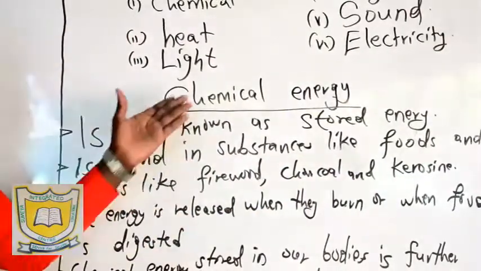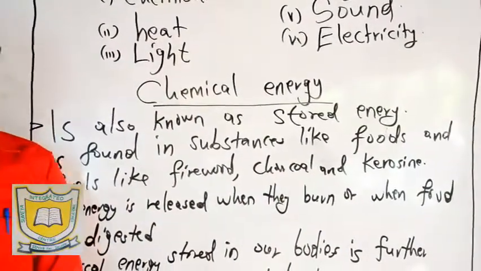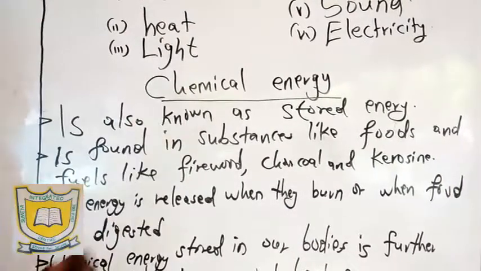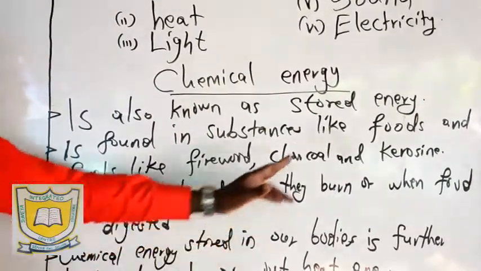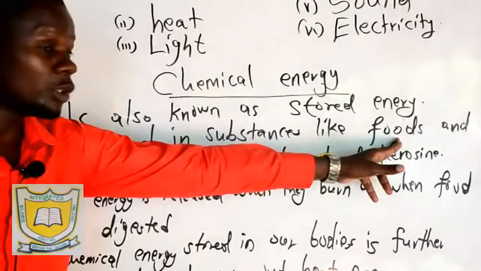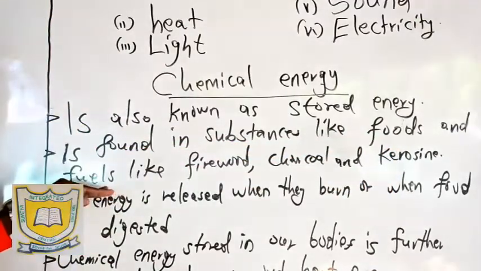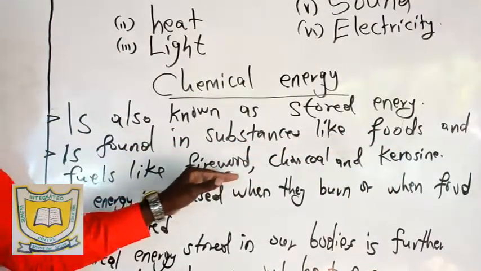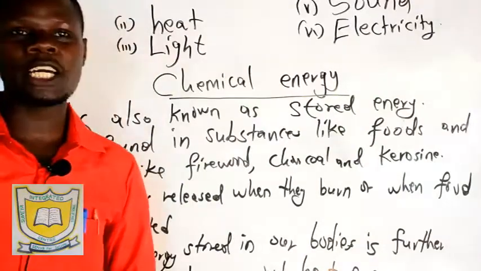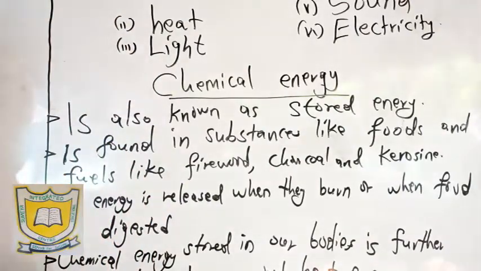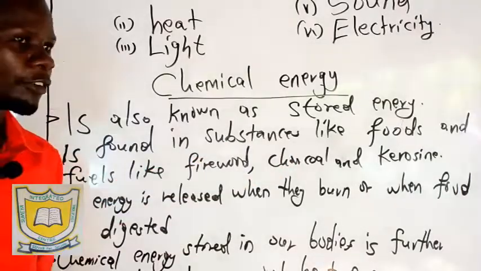So what are some of these sources where we can get chemical energy? We can get it from foods we eat, and from fuels like firewood, charcoal, and kerosene.